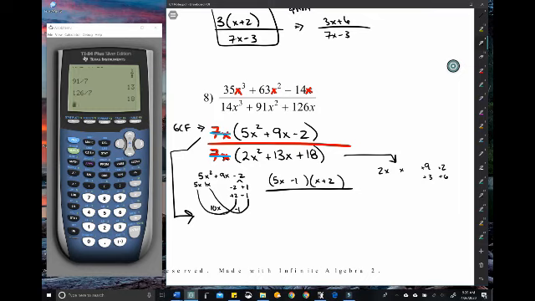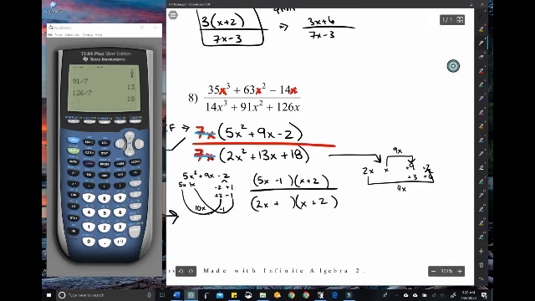Okay, I think I see it. 2 times 2 is 4x. And this is just 9x. 9 and 4 is 13. Denominator is then 2x and x. 2x is going to the positive 2, and x is going to the 9 here.